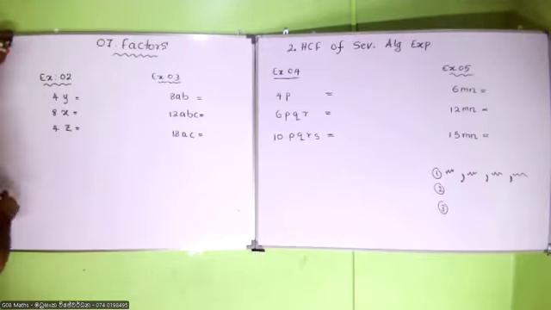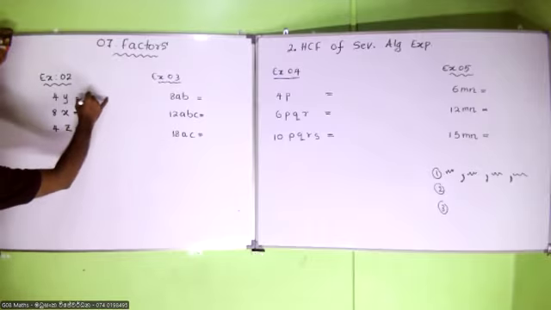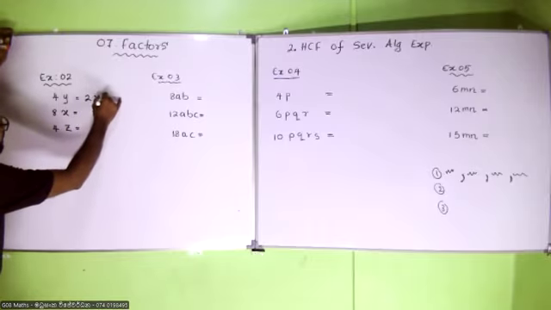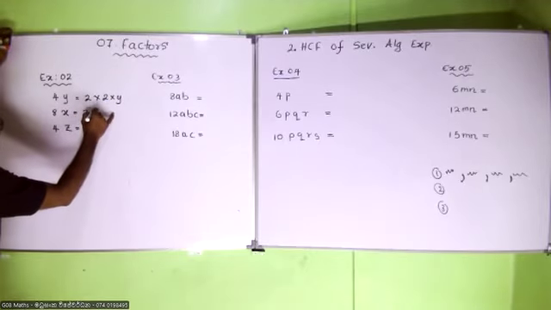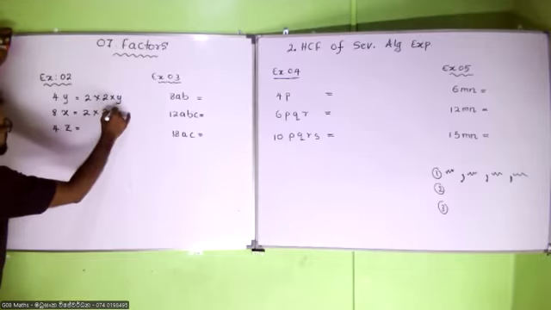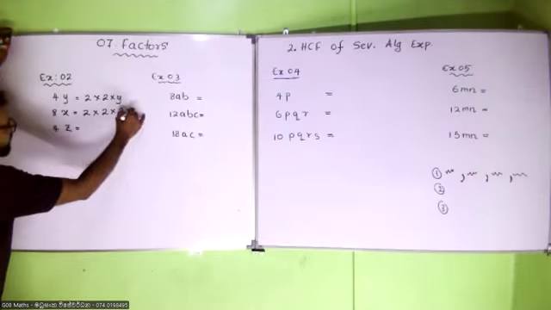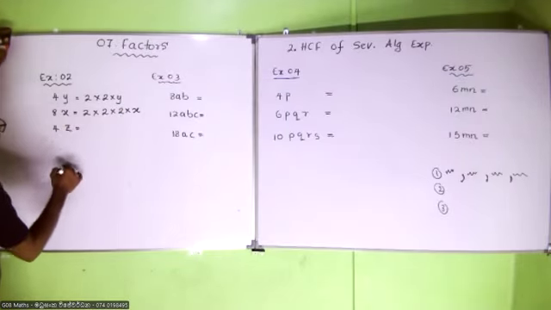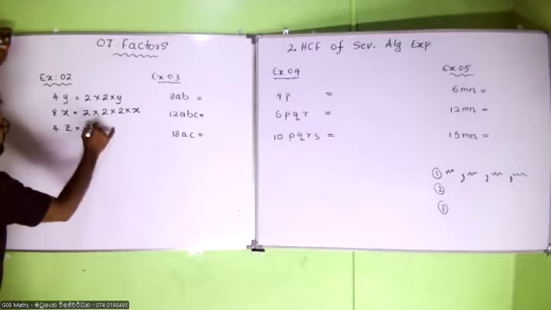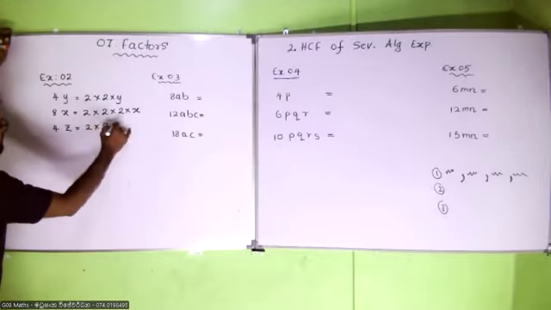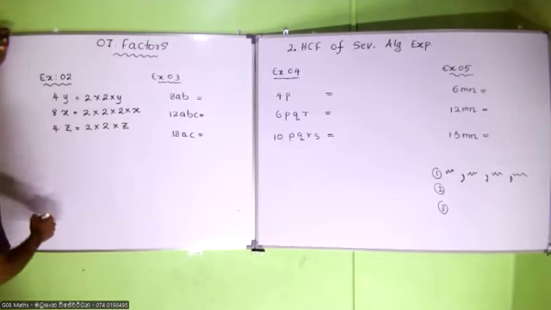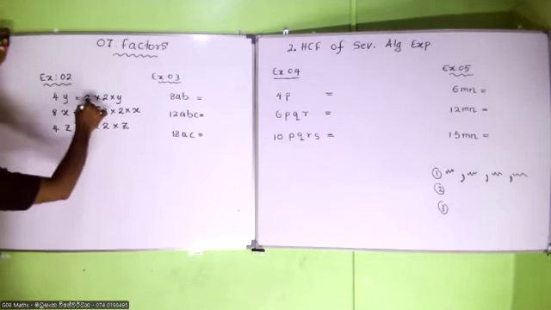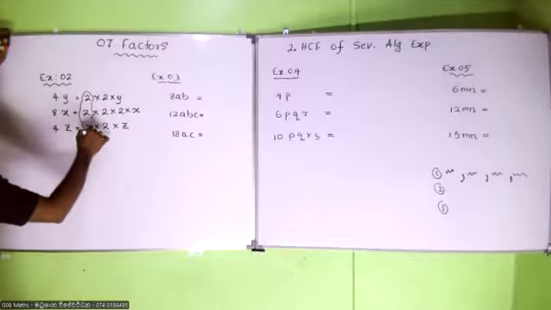Right, 4. 4 can be represented as 2 times 2, times y. 8 is 2 times 2 times 2. Multiply by 8. Again, you have 4, 2 times 2. And here you have z. Now I am going to identify what are the common numbers. 2, 2, 2, 2.